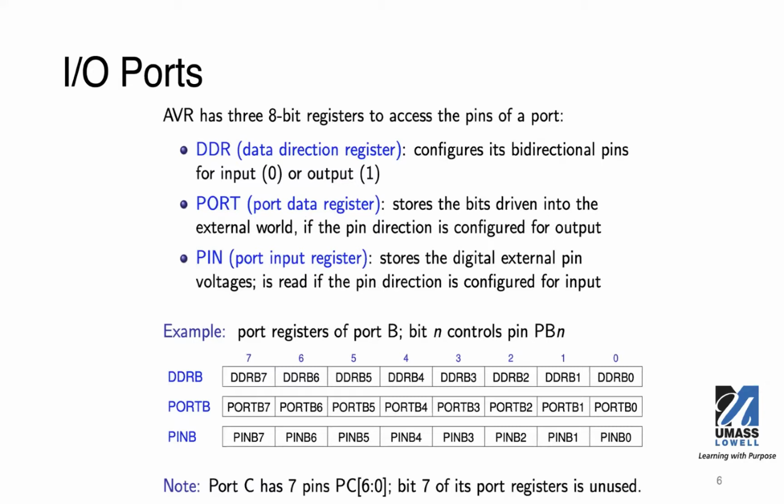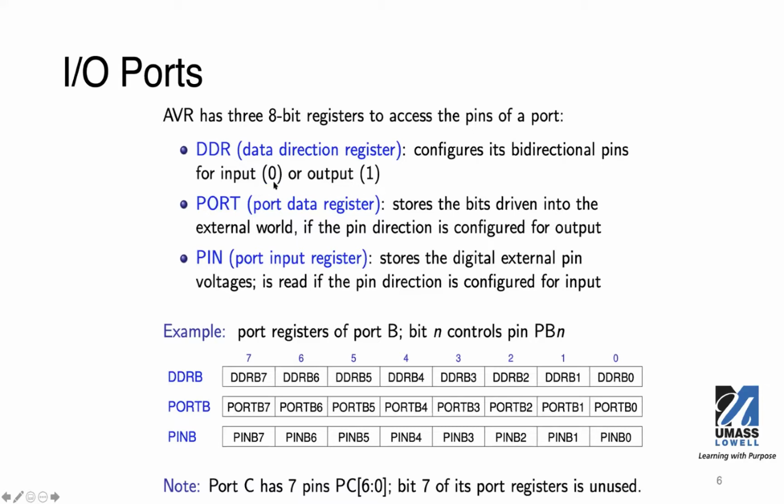AVR has 3 8-bit registers to access the pins of a port. And for each port, you'll find such 3 registers. DDR is the data direction register. It configures the bidirectional pins for input or output. If you set a 0, that means an input. If you set to 1, that means that particular pin is the output.